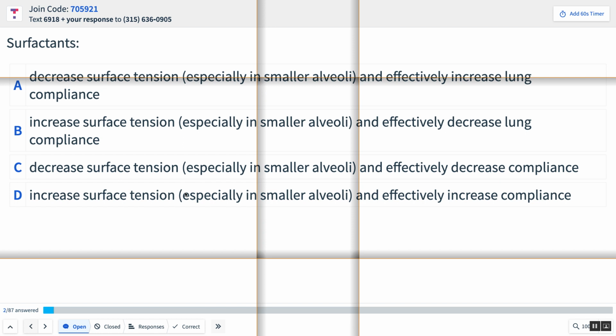Or C, does it decrease surface tension and decrease compliance? Or D, does it increase both? So, what do you think? What do surfactants do?